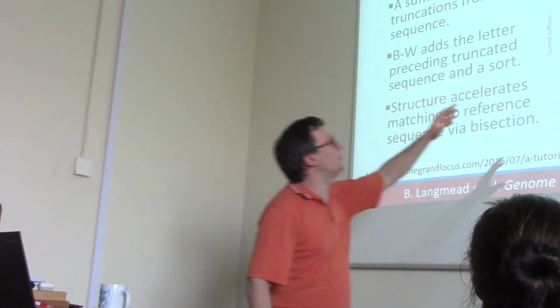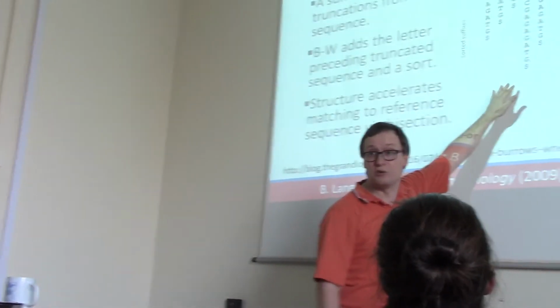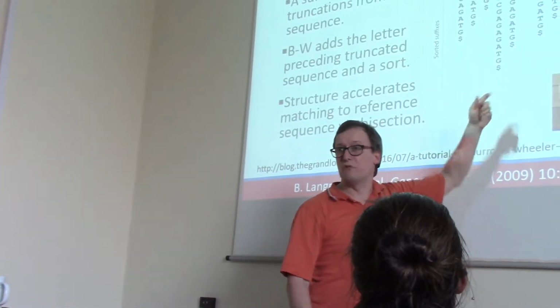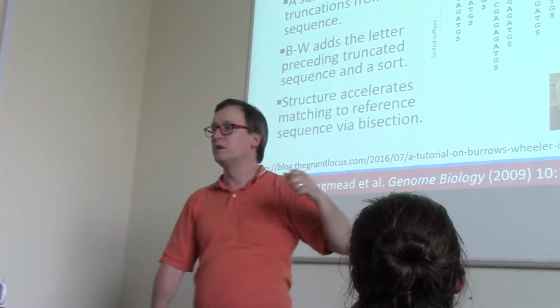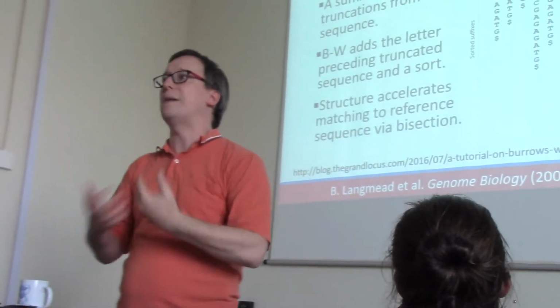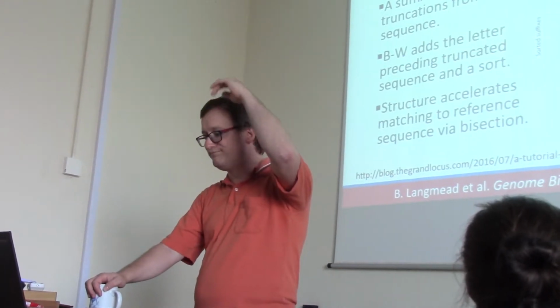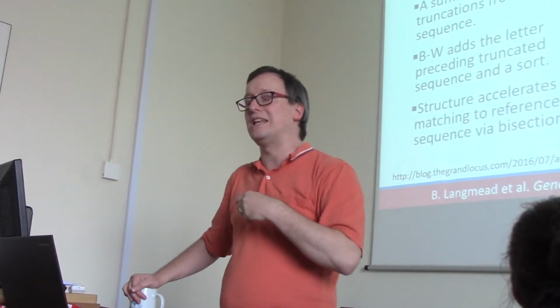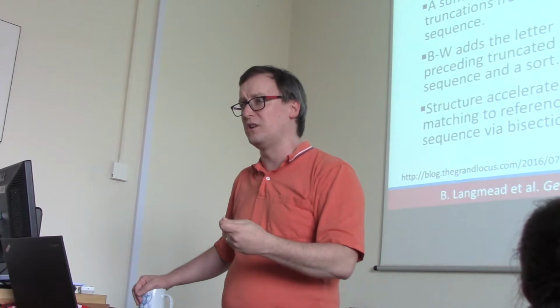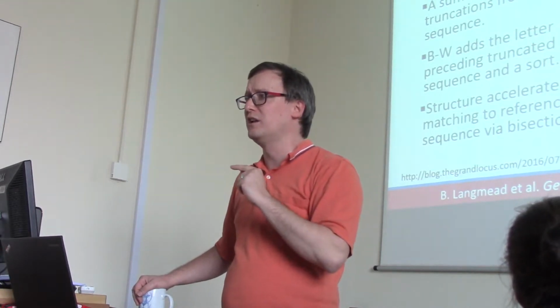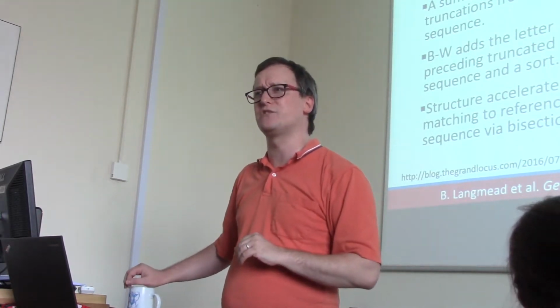So a Burrows-Wheeler suffix array uses the structure, remembering what letter came before, in order to do a very rapid search. It allows for a bisection search, one of which I mentioned yesterday. Do you remember when we were talking about binary search trees?